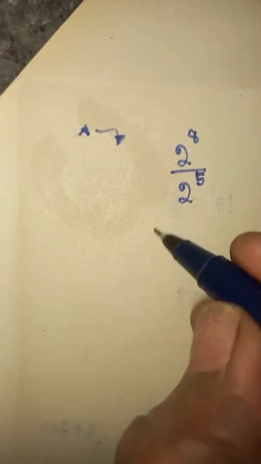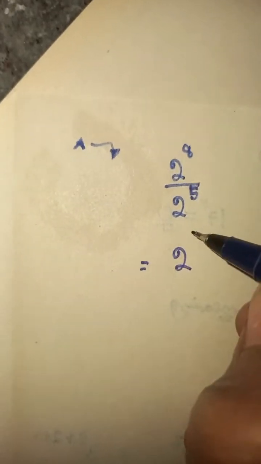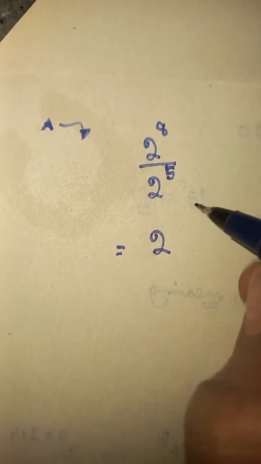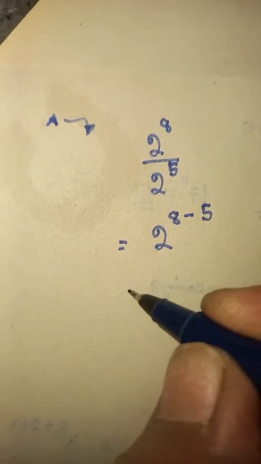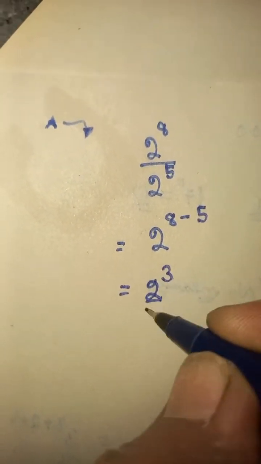Like this, I will tell at last how to divide exponents. To divide exponents, either the base must be the same or the power must be the same. When you divide, you take the numerator power minus the denominator power. Here the numerator power is 8 minus the denominator power, it becomes 2 cube.